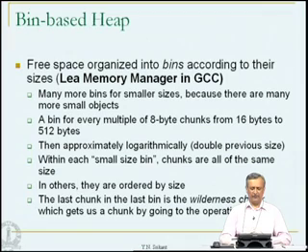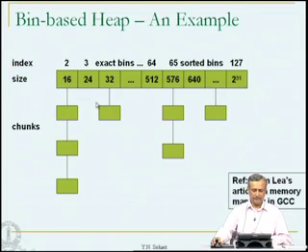A bin for every multiple of 8 byte chunks from 16 bytes to 512 bytes is used. So, let me show a picture. These are the various bins, and these are the chunks which are actually used for allocation.